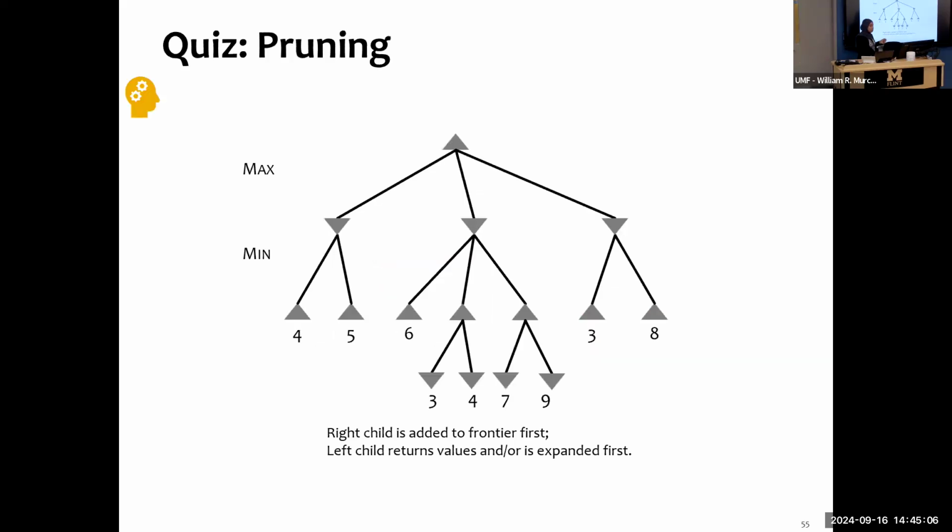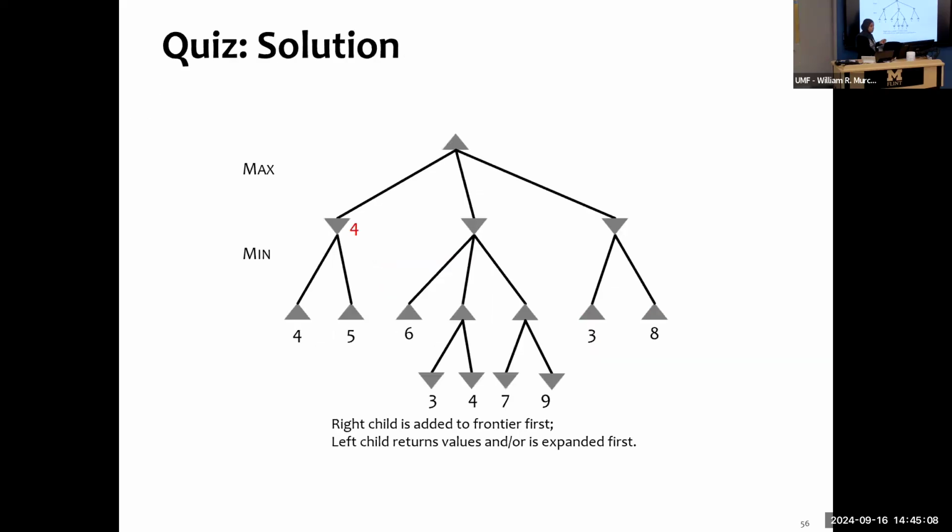Okay. So here I just want to draw your attention, because I know that things are clear, but in some slides, try to focus on what is mentioned. Sorry. Here, for example, we say that the right child is added to the frontier first. For example, in the homework for the DFS, I would just try to clarify things here, because I believe this is the best context to talk about this.